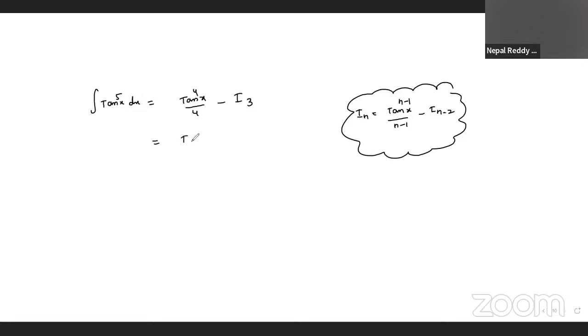Again, you have to find I3. This is tan power 4 x by 4, minus sign outside, I3 written as tan x whole square divided by 2 minus I1. Next, tan x whole power 4 by 4 minus tan square x divided by 2 plus I1 you will get.